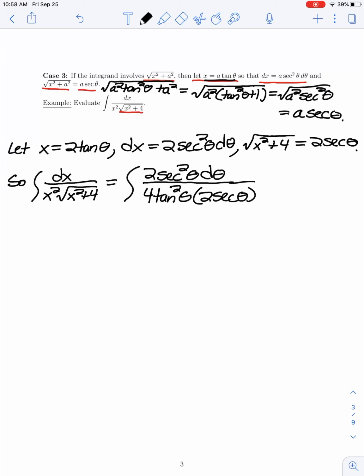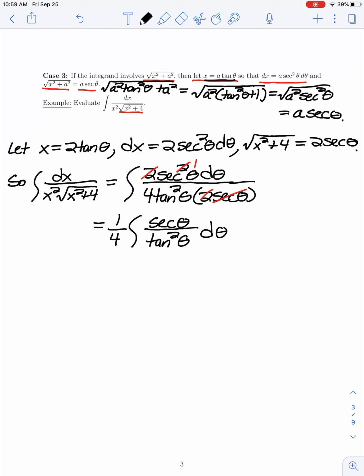So let's simplify a little bit here. We can cancel a factor of 2 on top and bottom, along with 1 power of secant theta. We then have a constant 1/4, which we can bring out in front of our integral, and I'm left with secant theta divided by tangent squared theta d theta.